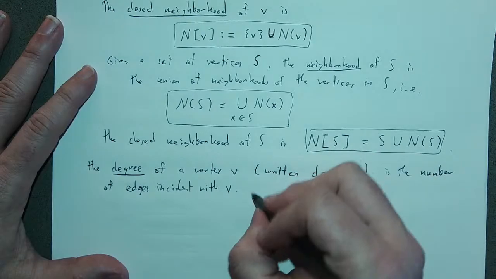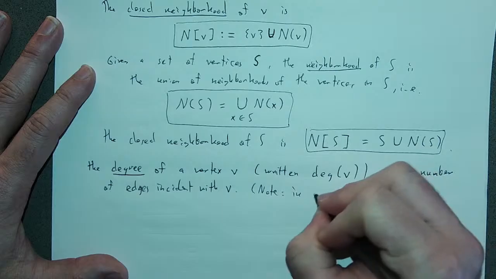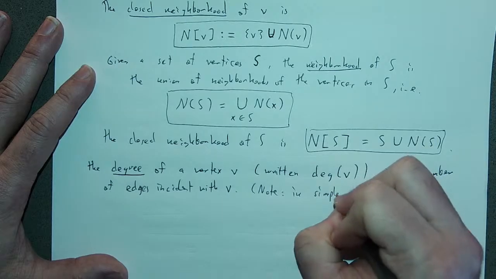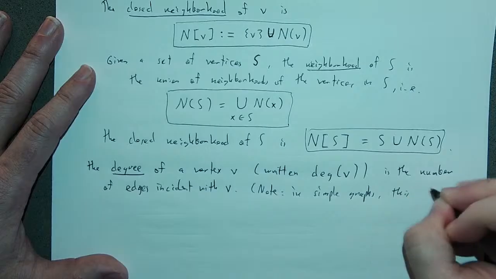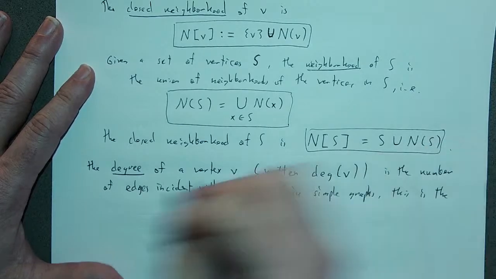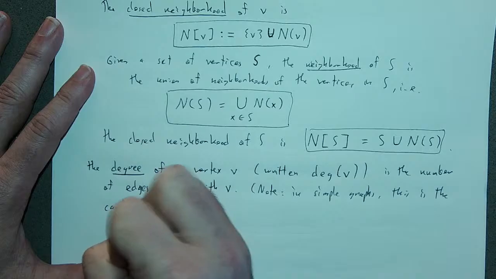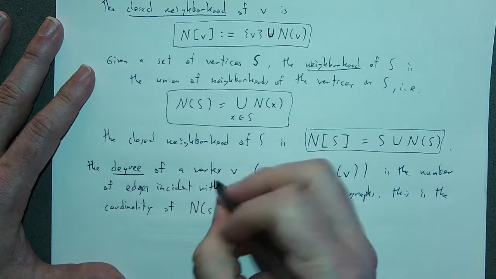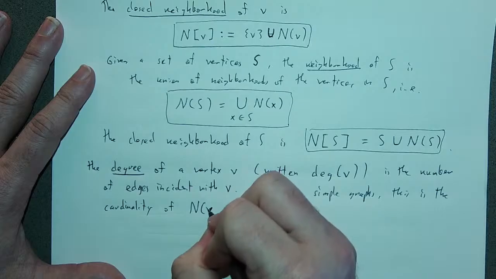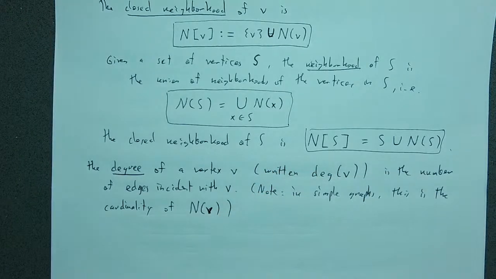So note, in simple graphs, this is the cardinality of the open neighborhood of v. Okay.